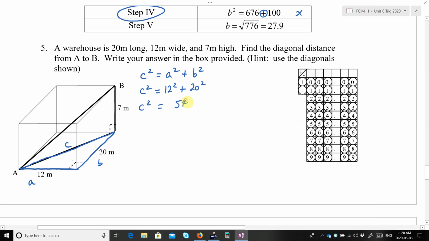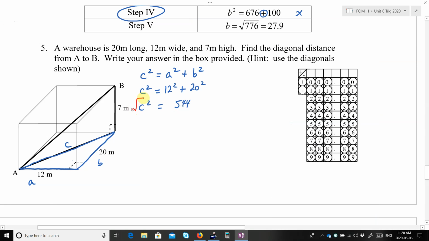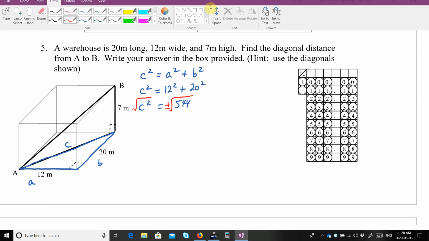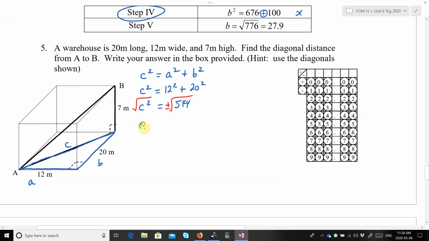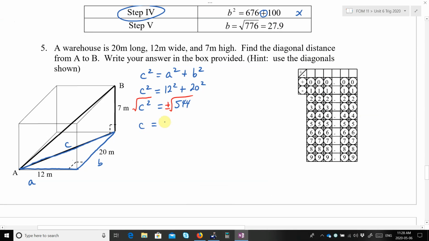544. Square root. And the square root of 544 is 23.3.